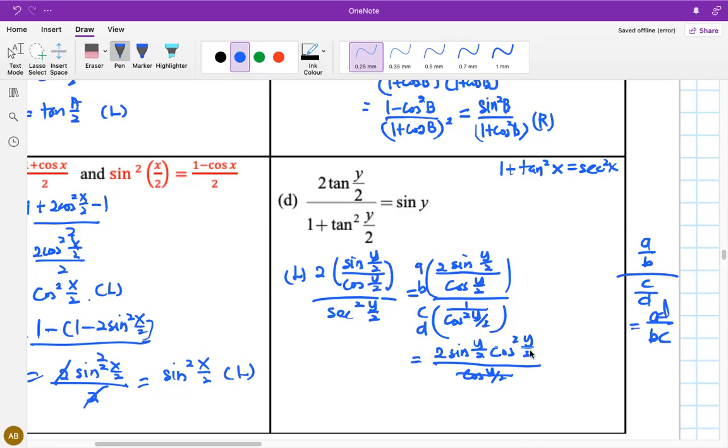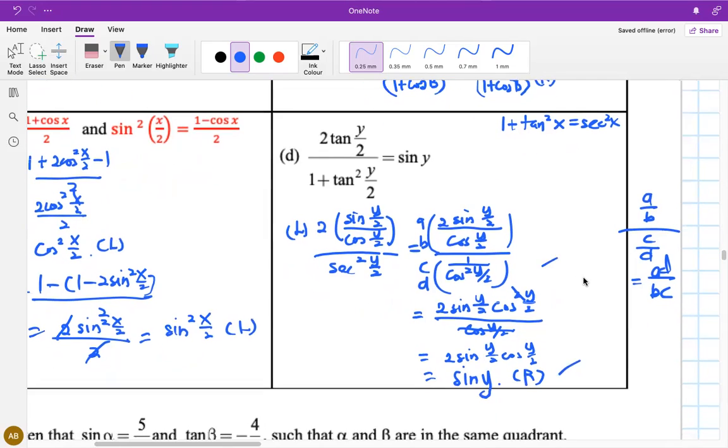So you cancel out cos y over 2. So you get 2 sine y over 2 cos y over 2. So this is actually sine y. Okay, so that is the right hand side. So this is how you solve it.